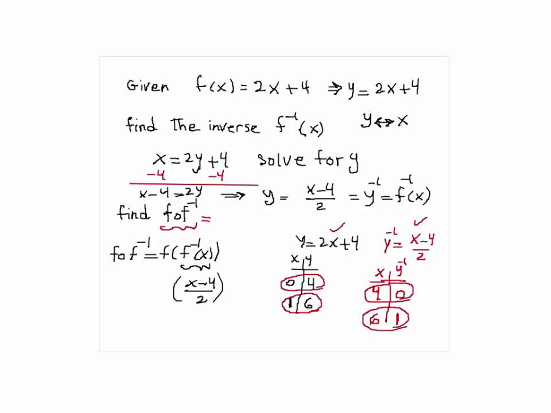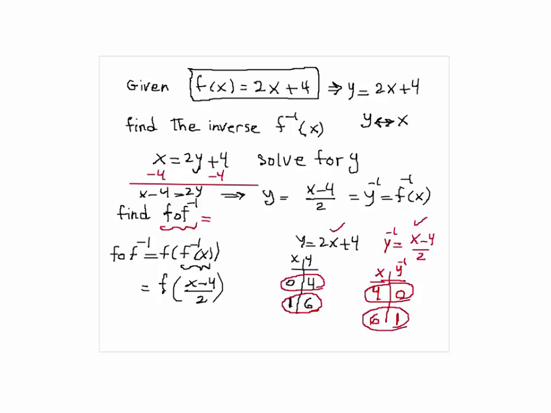So f of that, to find f of anything, we have to go back to what f of x is. F of x is given to me as 2x plus 4. F of x minus 4 over 2 would be substituting for each x this stuff here. So let's do that.